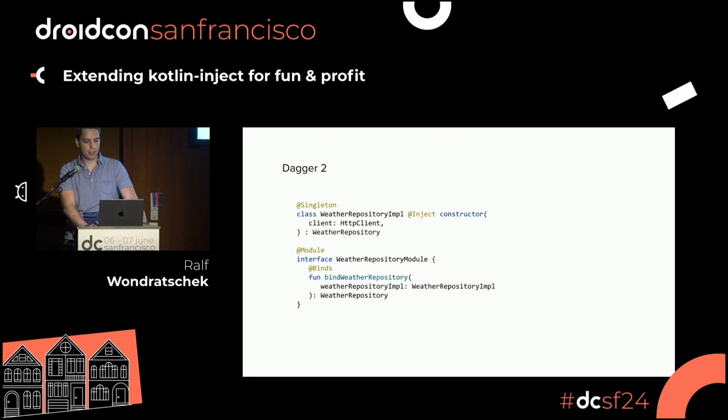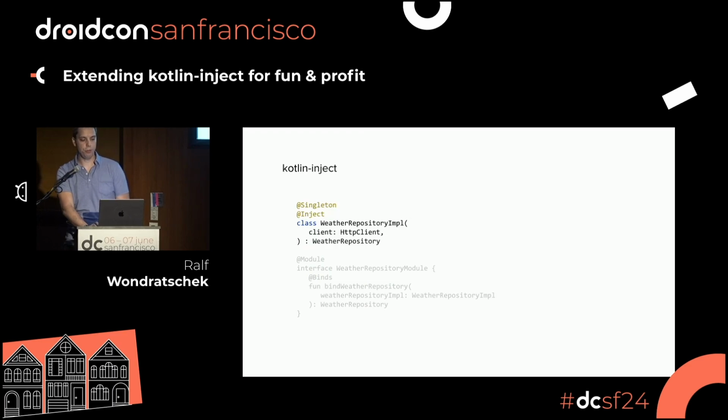With kotlin-inject, the first thing we need to update is the weather repository implementation. And all we have to do there is remove the inject annotation from the constructor and move it to the class. And it actually saves you one keyword and a few characters, so it's even shorter. The Dagger module has to be transformed. There, again, kotlin-inject doesn't have modules. What they decided to do instead is only to have interfaces and what they call component interfaces.